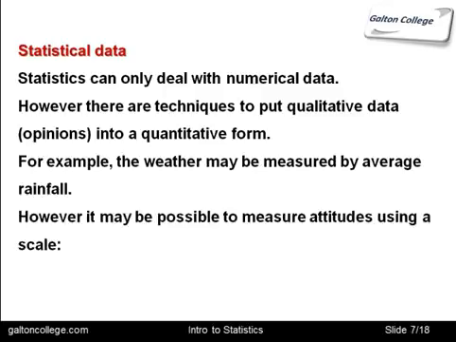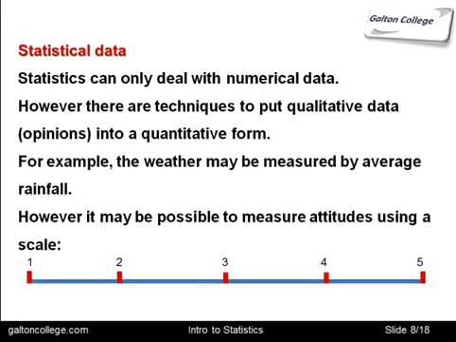In terms of attitudes, it may be possible to measure attitudes in terms of some sort of scale. So if we wanted to know the attitudes of people towards a product, we might put down a scale and try to measure it. Say we have a scale here with 5 points.